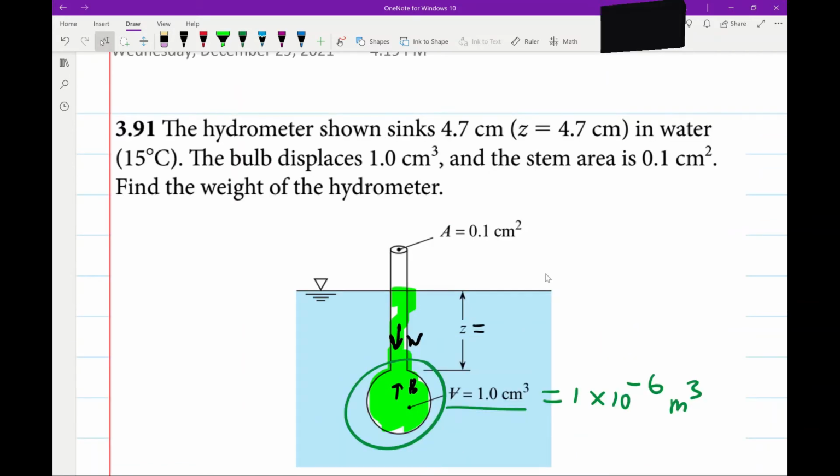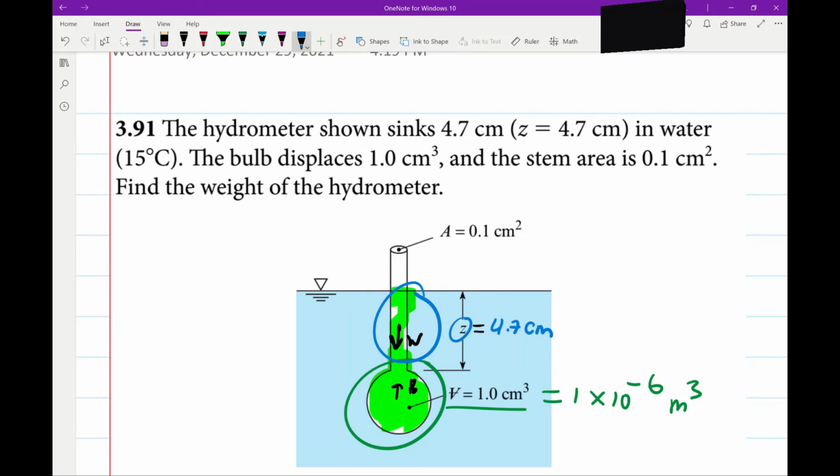Okay, so what about the volume displaced of the neck of the hydrometer, right here? How do we find that? Well, it says in the problem statement that Z equals 4.7 centimeters. However, that's not in units of volume. Volume's always a unit cubed, and here we have just centimeters. So we need to multiply this Z by an area unit.